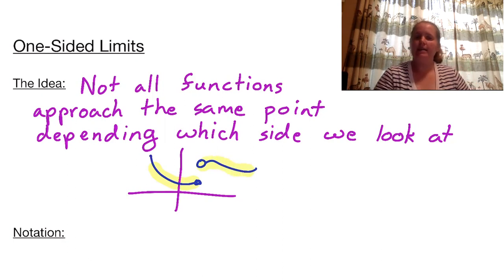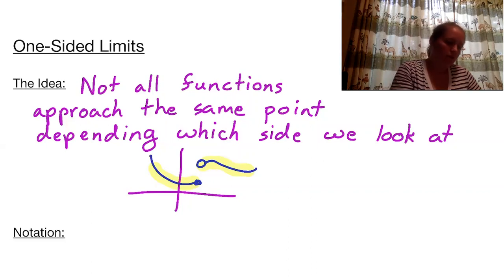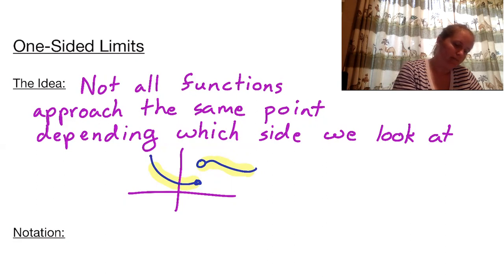So in this case, we don't have a limit because the two sides are going to something different. So we have a left limit and a right limit.